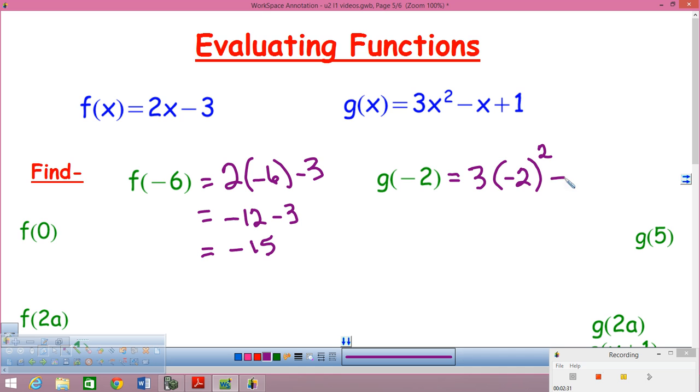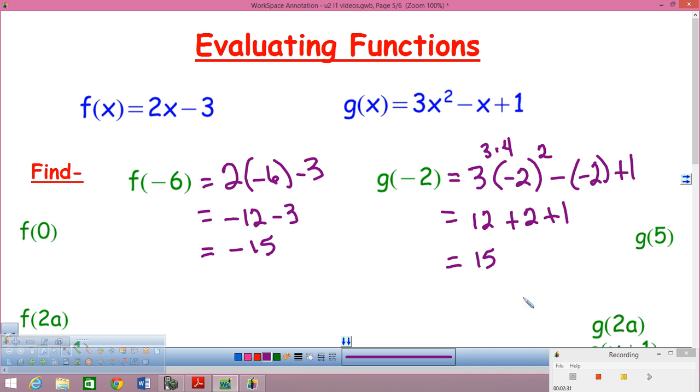Minus negative 2 plus 1. Negative 2 squared is 4, so this becomes 3 times 4, which is 12. Minus negative becomes plus positive, so plus 2 plus 1. 12 plus 2 plus 1 is equal to 15.